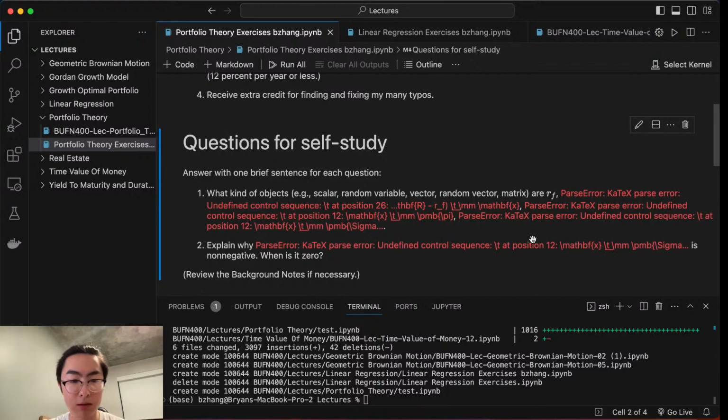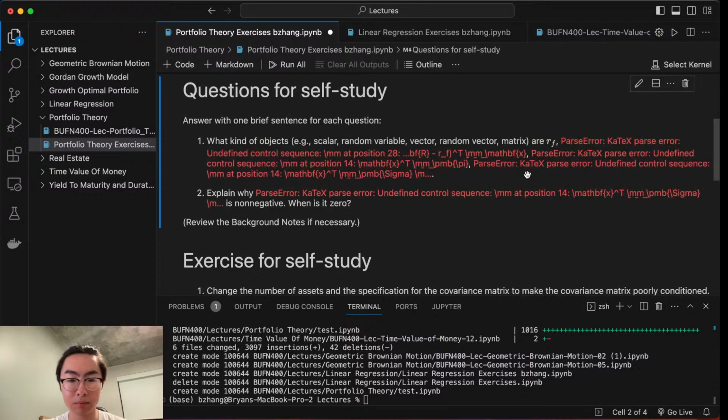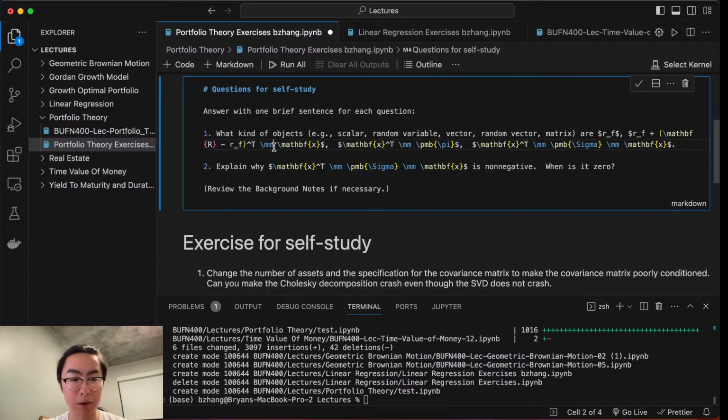Key text. I think it's transpose. Okay, oh, matrix multiplication. Alright.